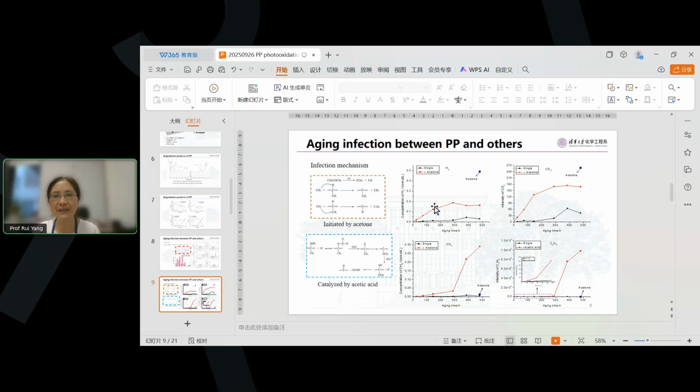But when we put it in PP, it shows more accelerated hydrogen than without acetone, but not the same concentration as acetone itself. And if we look at methane, acetone itself does not give rise to methane, but with PP, it shows a very high concentration of methane. So that proves the initiation mechanism of acetone.